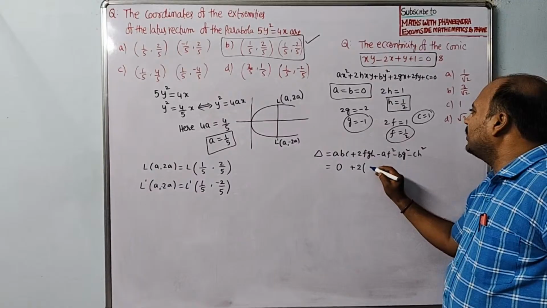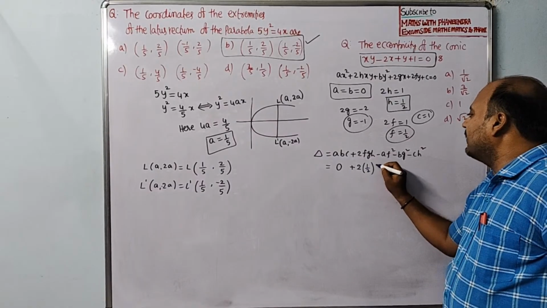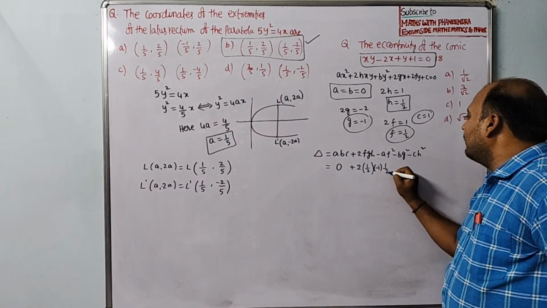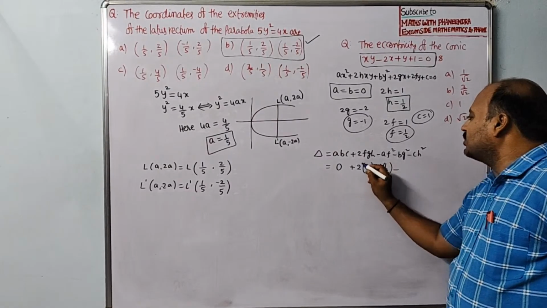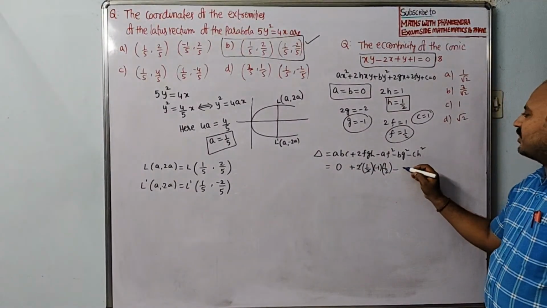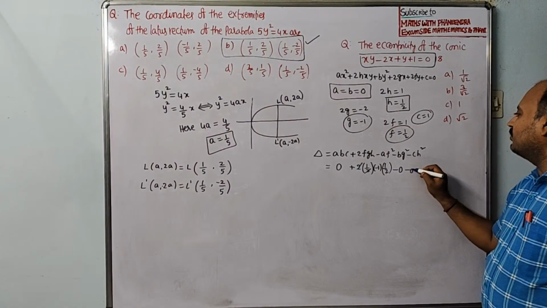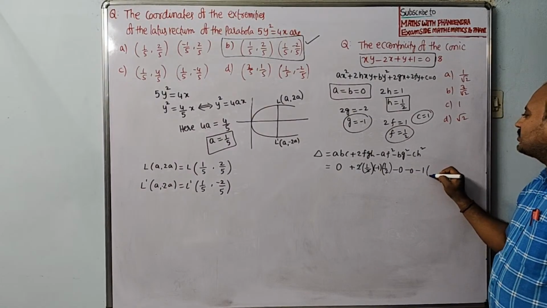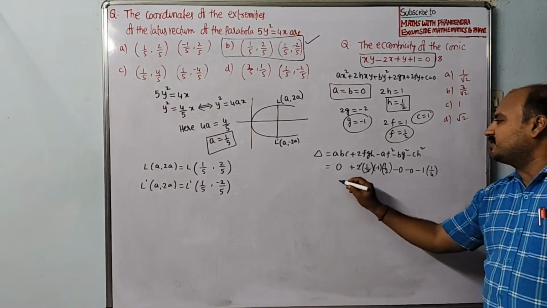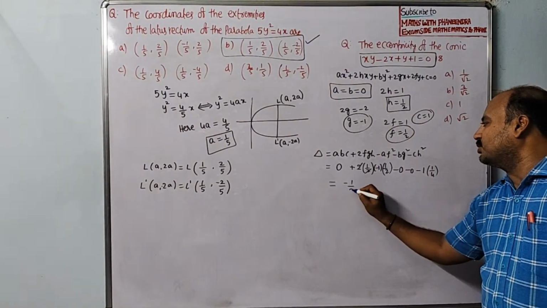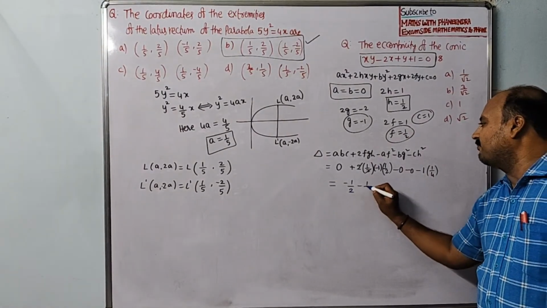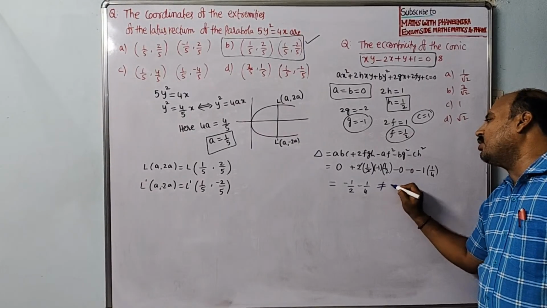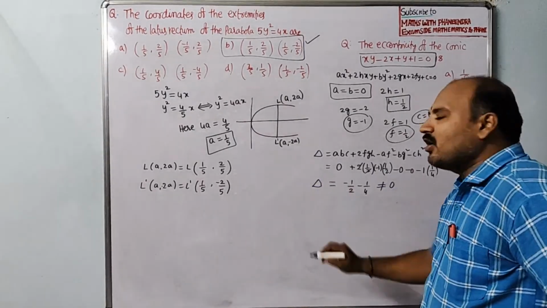So 2 into f value 1 by 2, g value minus 1, h value 1 by 2, the 2 gets cancelled, minus af square, a value 0, minus bg square, b value also 0, minus c value 1 into h square 1 by 4. So it is equal to minus 1 by 2 minus 1 by 4. Anyway, it is not equal to 0. So delta not equal to 0.